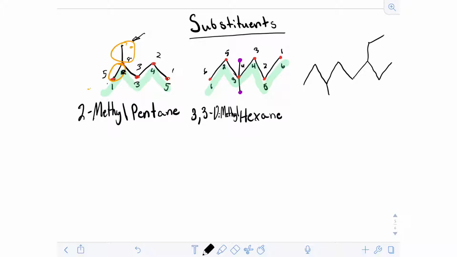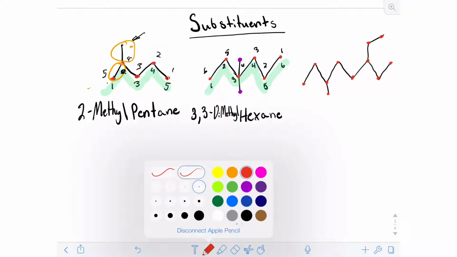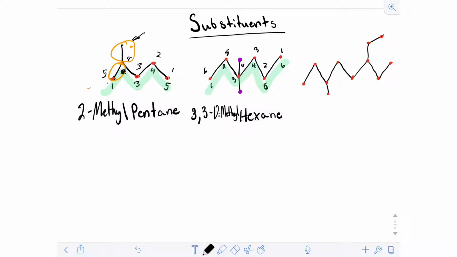Then let's move on to our next one over here. We've got 1, 2, 3, 4, 5, 6, 7. All right, so we're going to count our longest parent chain. Right here, you could say 1, 2, 3, 4.